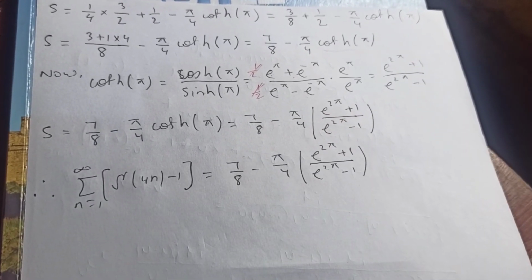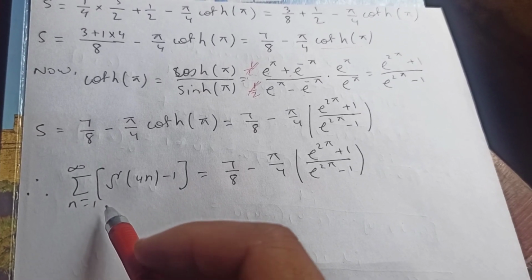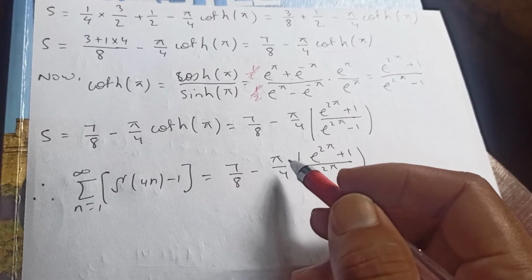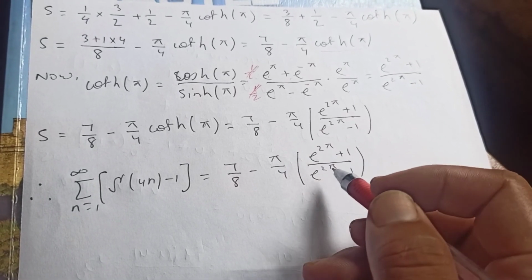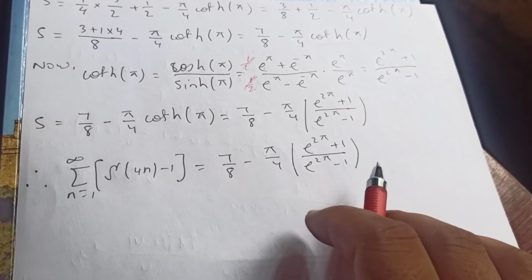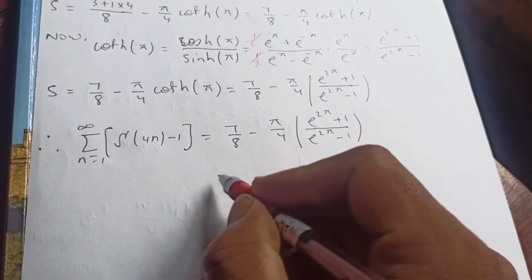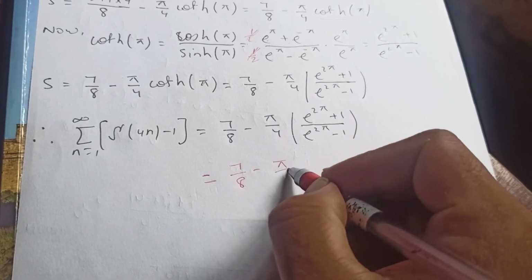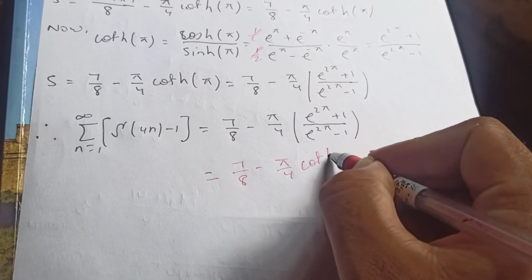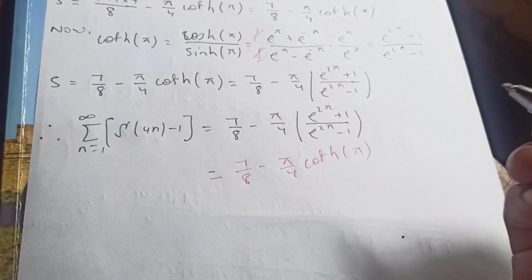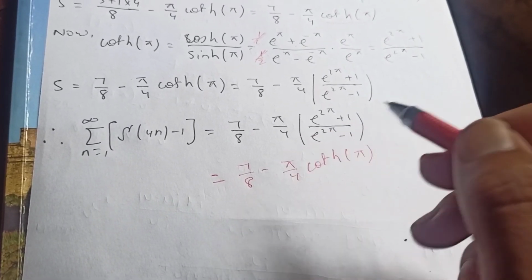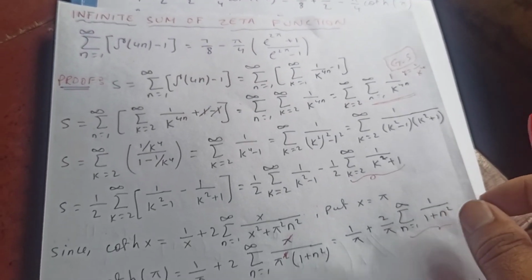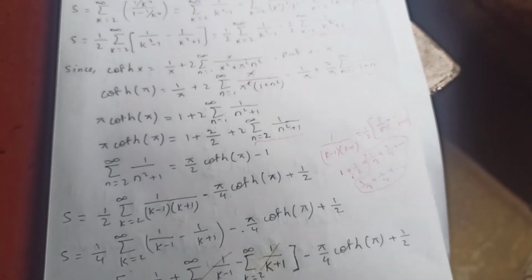So our sum from n equal to 1 to infinity of zeta of 4n minus 1 is 7 by 8 minus pi by 4 times e to the 2 pi plus 1 upon e to the 2 pi minus 1, or you can rewrite this as 7 by 8 minus pi by 4 coth of pi. Same thing, okay? So this is the proof of this infinite sum of the zeta function, okay?